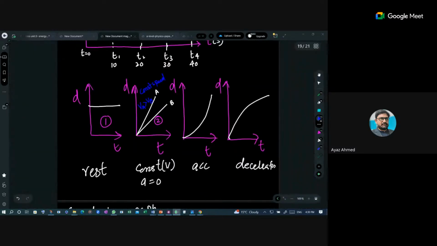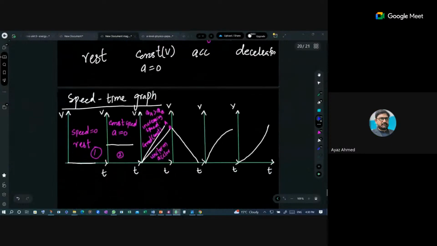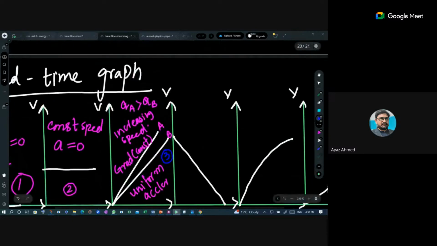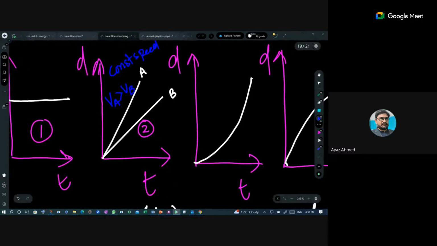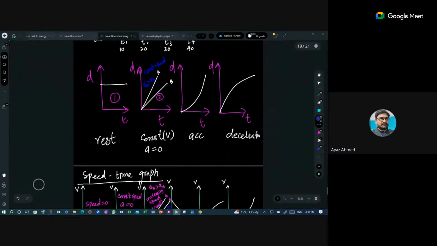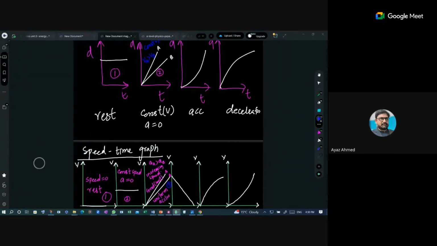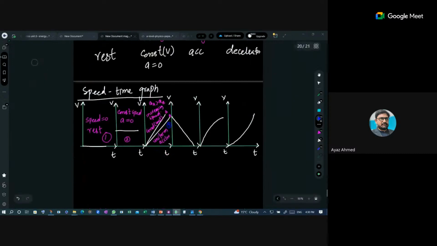Okay, and this is your graph number 3 from the top. And what about the fourth one? As I told you, sorry, it was graph number 3, and here it is graph number 3.